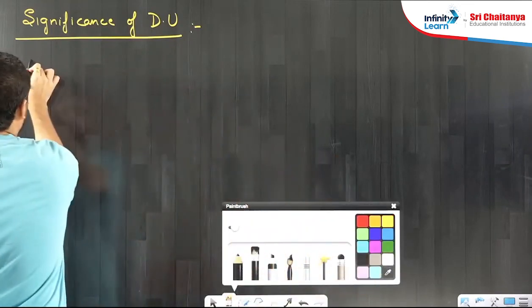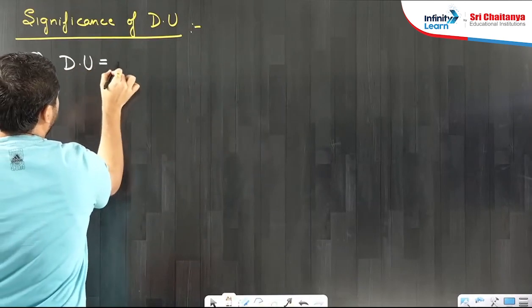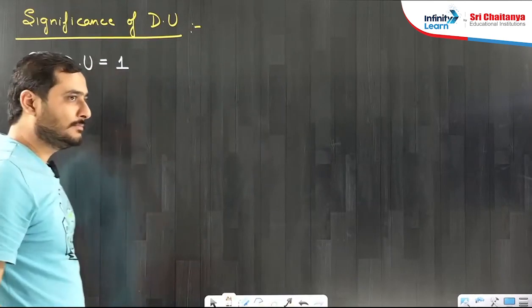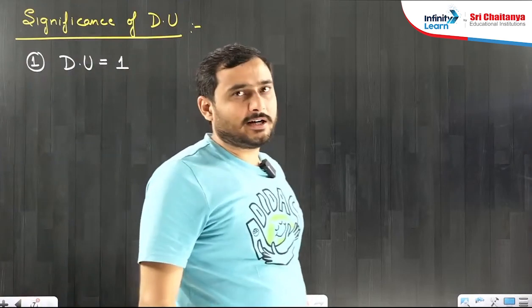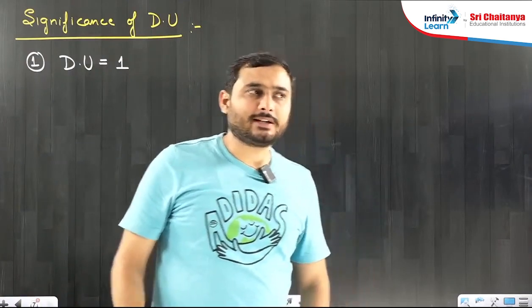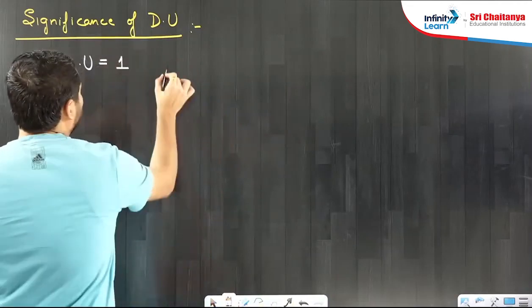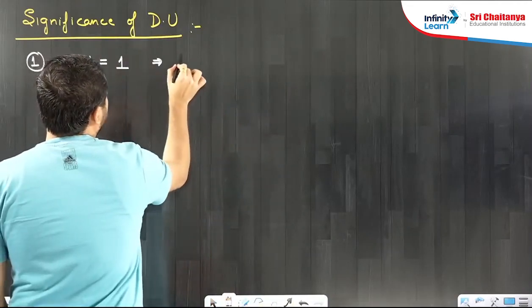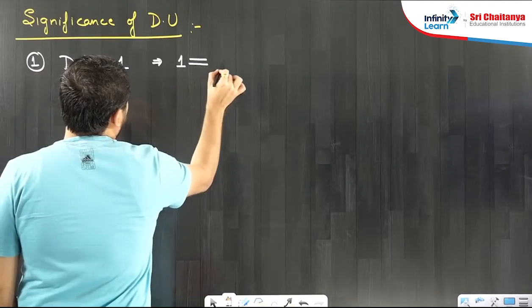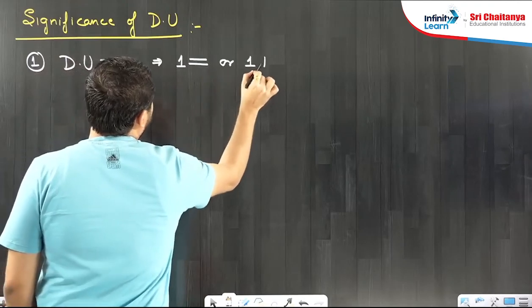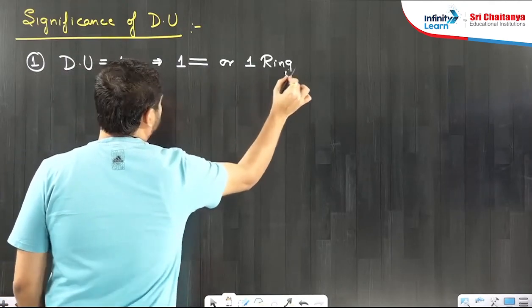The first point is, if a molecular formula is given and its degree of unsaturation comes out to be 1, then what can we think from here? That this compound contains either one double bond or one ring. So in this compound, either one double bond is present or one ring is present.